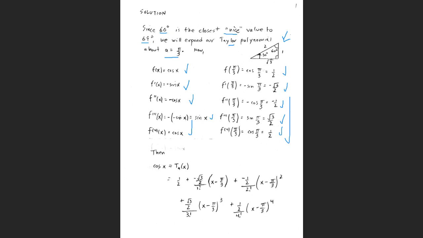Well, now that we have what we need, we can get our fourth degree Taylor polynomial about x equals pi over 3, right?